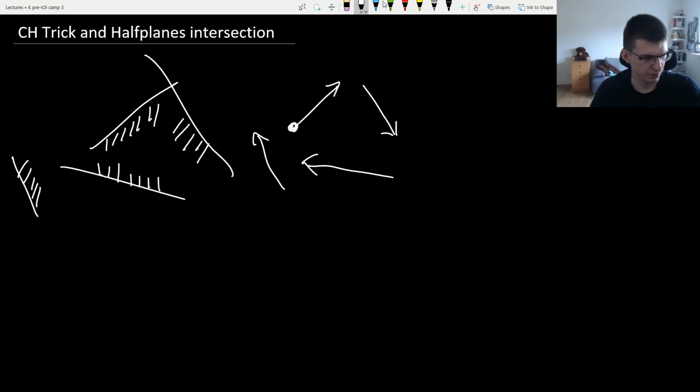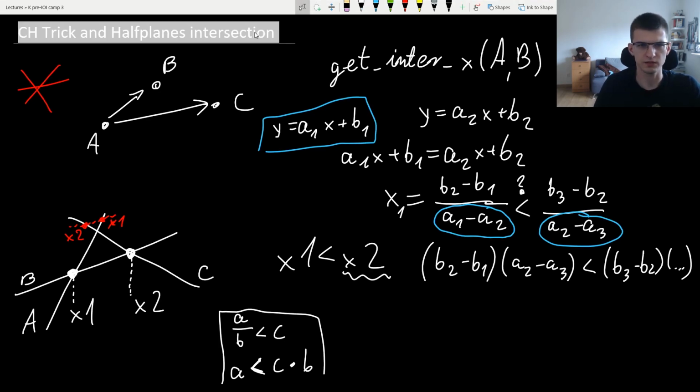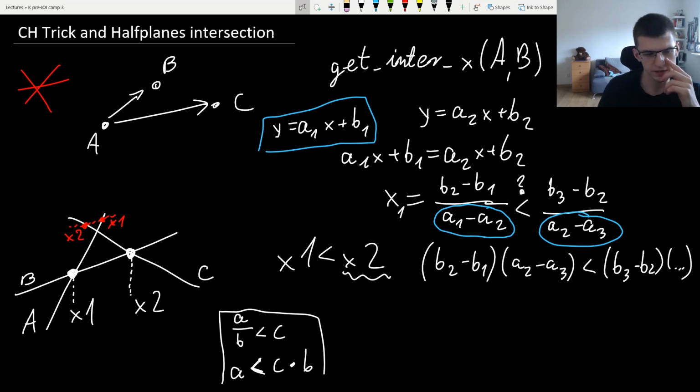Sorry, don't we need to compare x intersections of lines AB and AC? Here it doesn't matter. What I did is I looked at line B, and I wanted to know which of those two points is more to the left. What you wanted to do is look at line A and compare the x-coordinate of this point and this one.